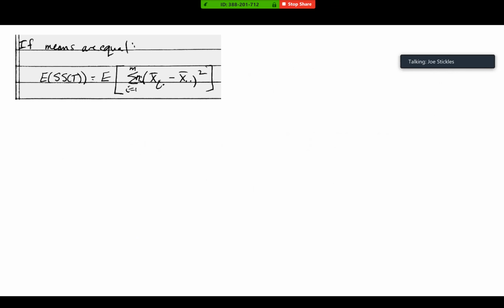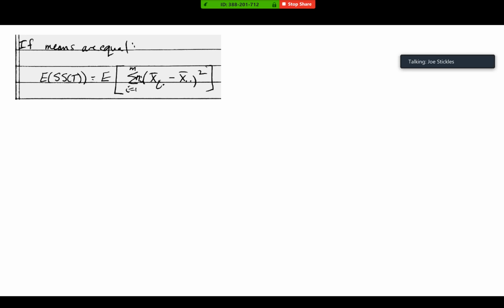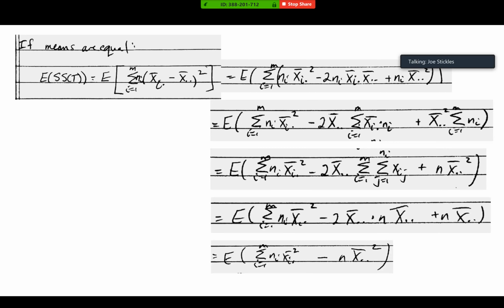Anyway, just because of time and internet connectivity issues, I'm not going to go through all of the explanation for this piece. But the idea here is that we're assuming that everything here has the exact same variance. All this stuff that I just clicked through quickly, I'm not going to explain fully.